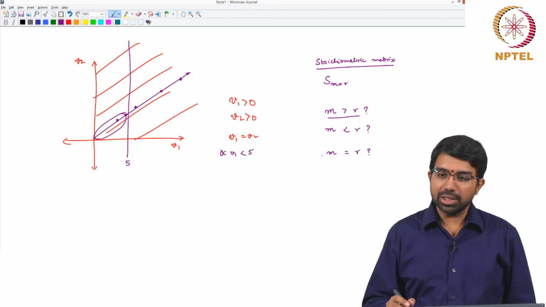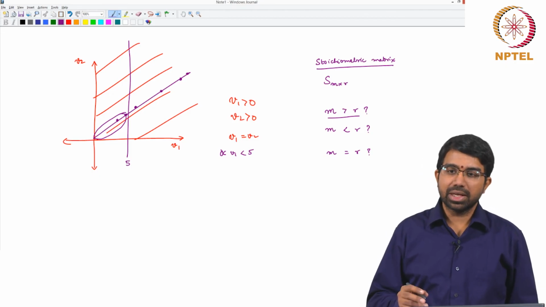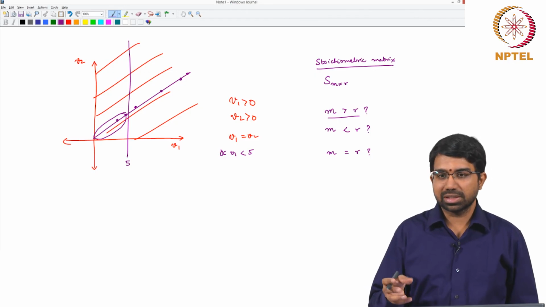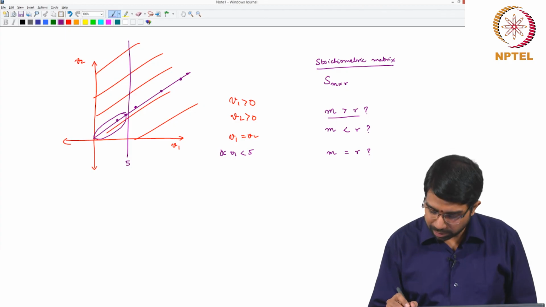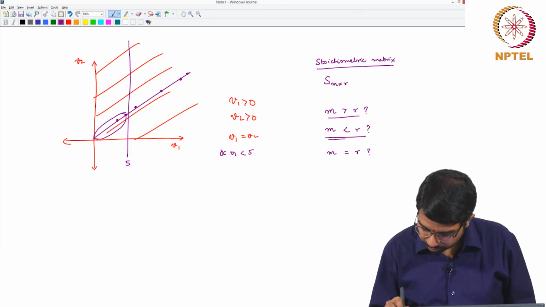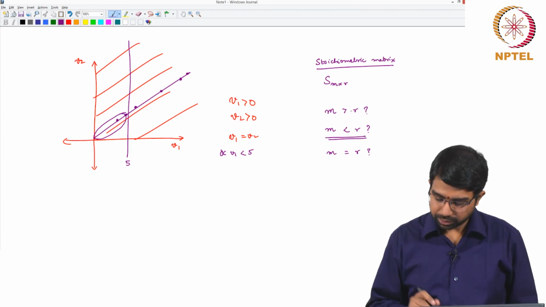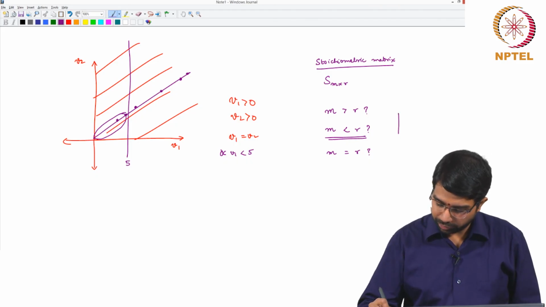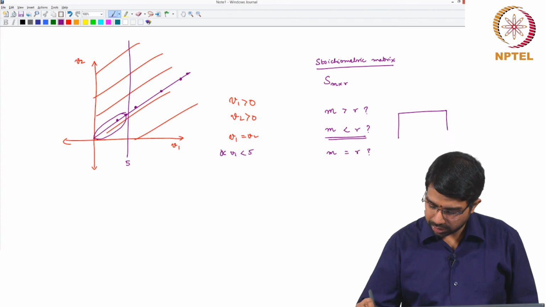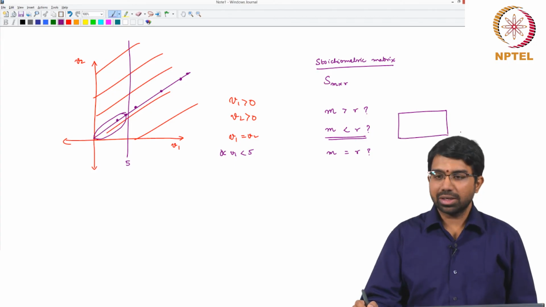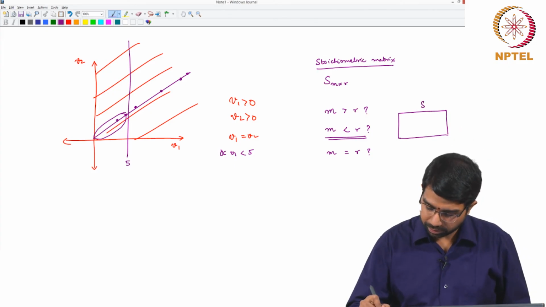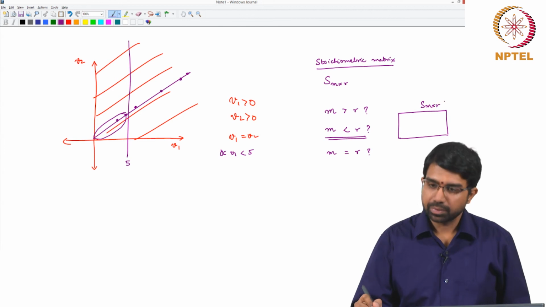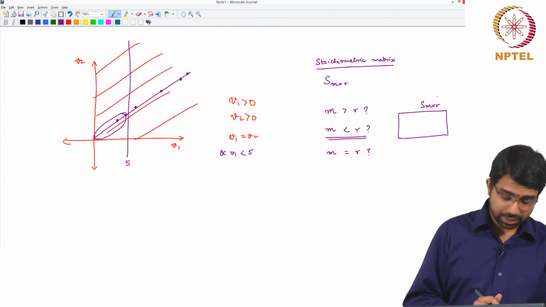So you would normally observe that the same metabolites mix and match amongst different reactants, right? Obviously some metabolites keep changing, so invariably you have M less than R, which means you have fewer rows than columns and you have a fat stoichiometric matrix. We will see what implications this has.